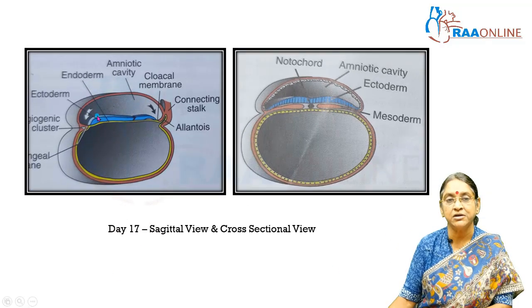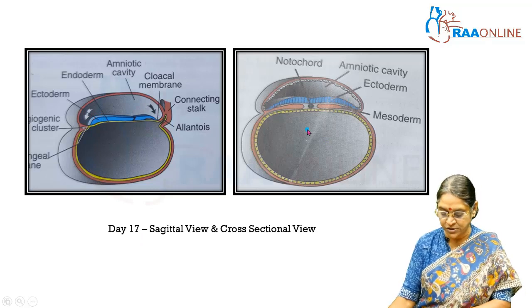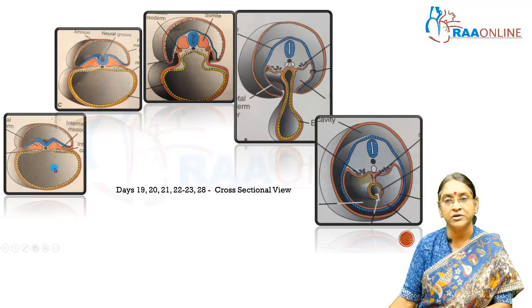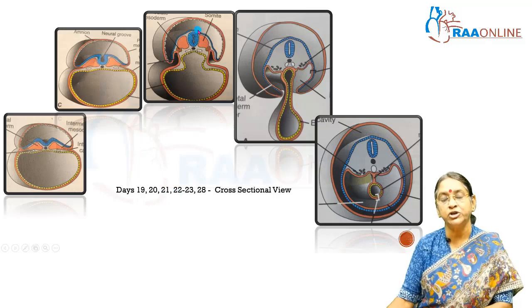Day 17, we just see the embryonic disc, the sagittal view here, the cross-sectional view here. Days 19, 20, 21, 22, 28. See what's happening. It's in a clockwise order. 19 is this, where dorsal bulges have made their appearance. 20 also the same, and the neural groove here. 21, you find even the neural tube is closed and the paraxial mesoderm has grown larger.